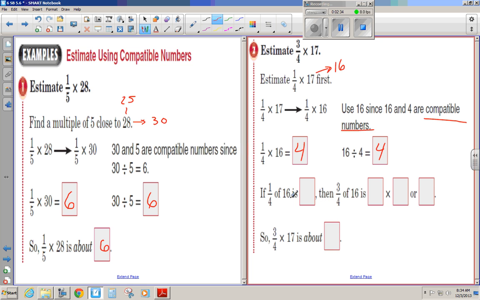If 1/4 of 16 is 4, then 3/4 of 16 is 4 times 3 because there are 3 of them. It's basically saying you have a 1/4 plus a 1/4 plus a 1/4. And in this case, there's 3 of them. So our estimation by using compatible numbers is 12.